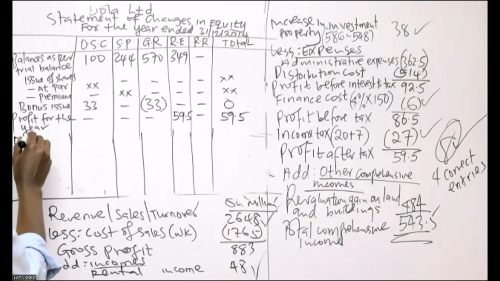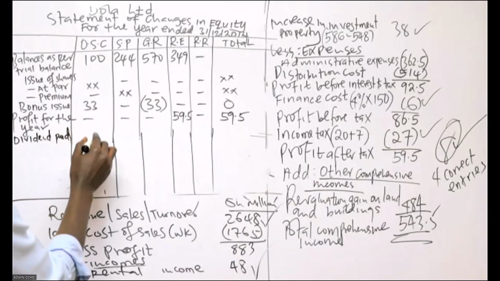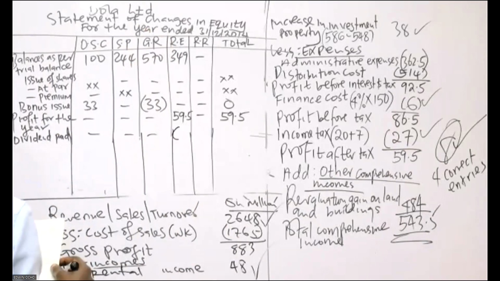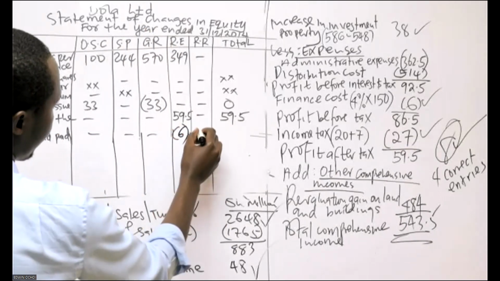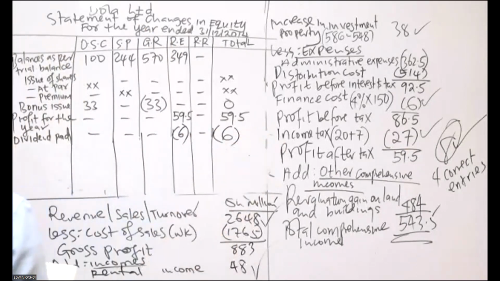Then you can have dividend paid, but dividends are paid out of the profit. So you deduct there. They said interim dividends paid 6. Nothing is remaining.